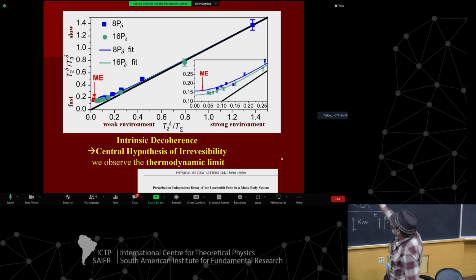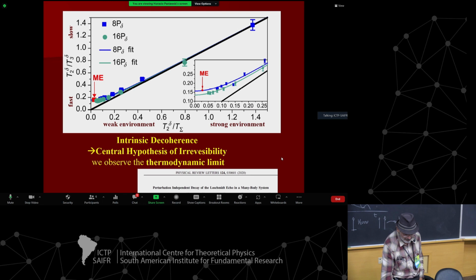And we have different pulse sequences, so I have different errors and always have this here. That's quite universal again. And what is the time scale? It's essentially 6 times T2. That's the value that I observe here. That's a perturbation-independent decay of the Loschmidt echo, and a perturbation-independent irreversibility. That's the central hypothesis of irreversibility.